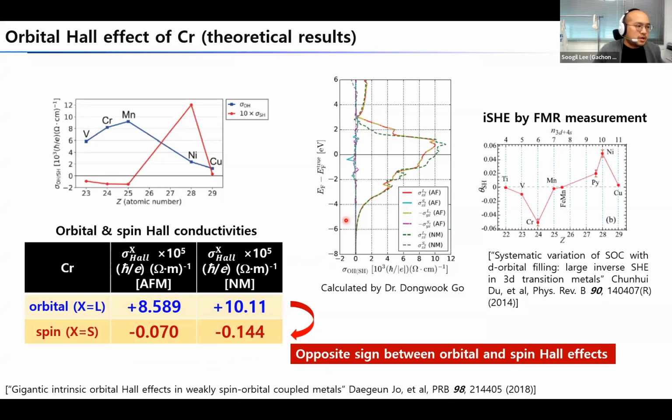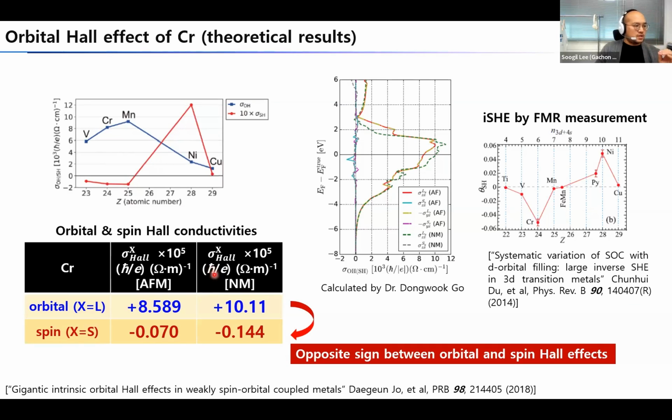Okay, in this experiment, we selected chromium for the orbital control source because chromium was theoretically predicted to show a large orbital Hall effect, which is an order of magnitude larger than its spin Hall effect. This property does not depend on the magnetic phase of chromium, such as antiferromagnetism or paramagnetism.